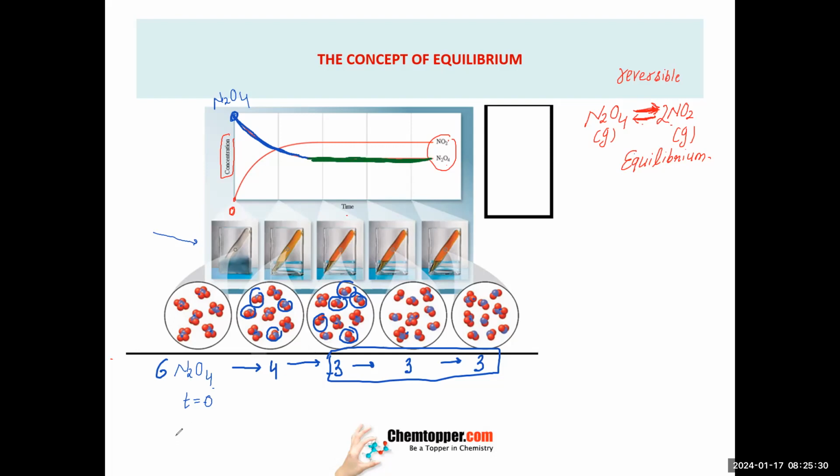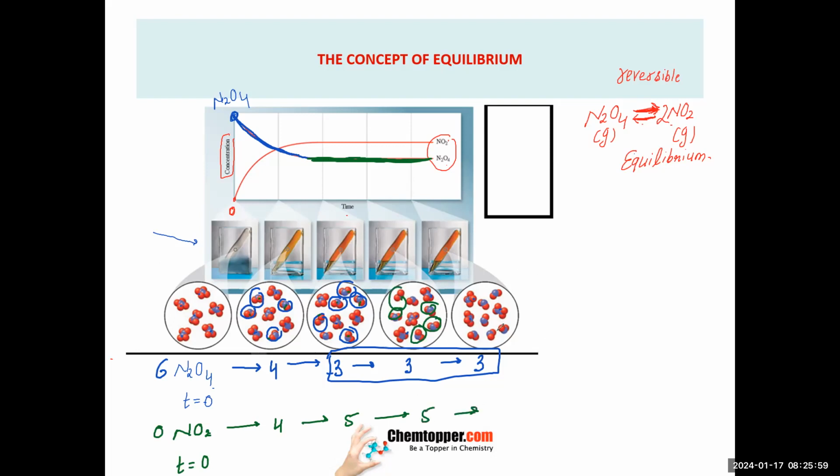Now let's see NO2. When the time is zero, what is the amount of NO2? Zero. After that, 1, 2, 3, 4. After that, 1, 2, 3, 4, 5. After that, 1, 2, 3, 4, 5.